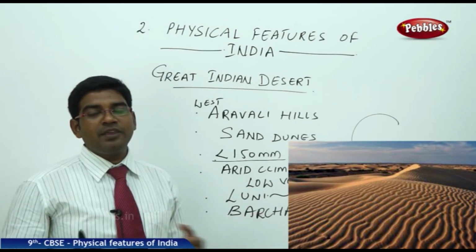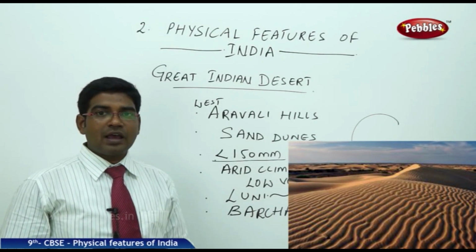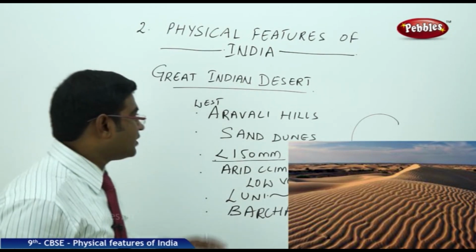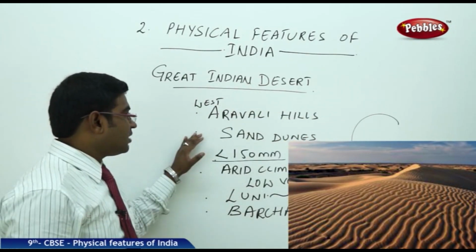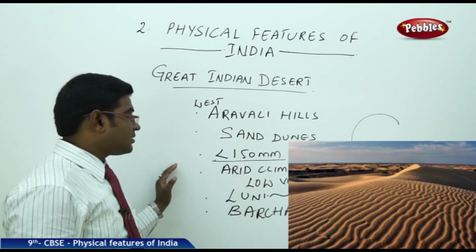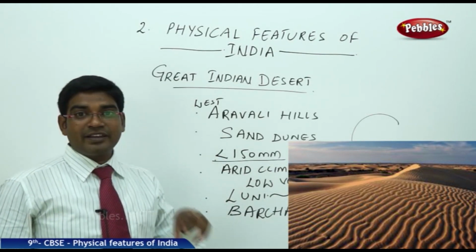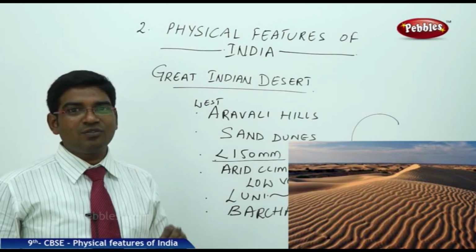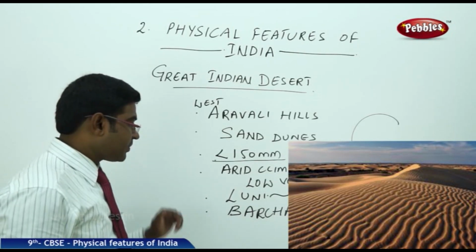So that is in brief about the Great Indian Desert, so called the Thar Desert. The Thar Desert is located on the western side of the Aravalli Hills, and here we find many sand dunes. The rainfall is very less, just less than 150 millimeters. The arid type of climatic condition and very little vegetation is possible, and the river Luni flows over here.